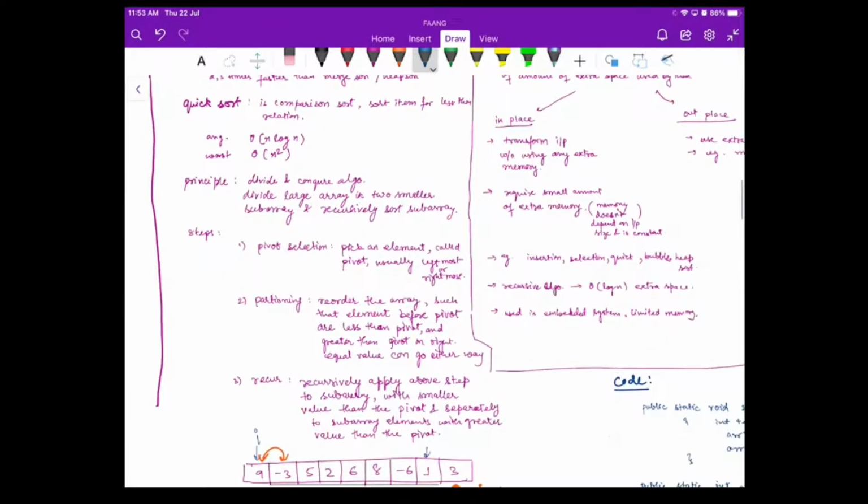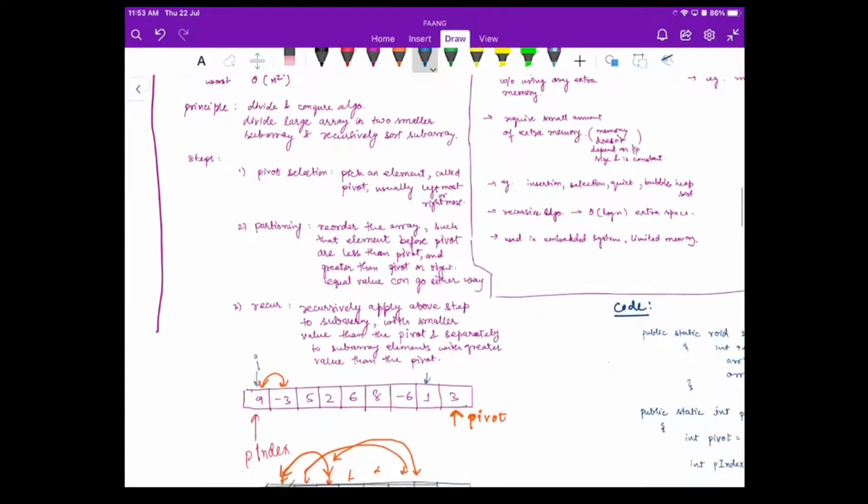The principle behind quicksort is the divide and conquer algorithm. We divide the whole array into smaller subarrays and sort those subarrays recursively.